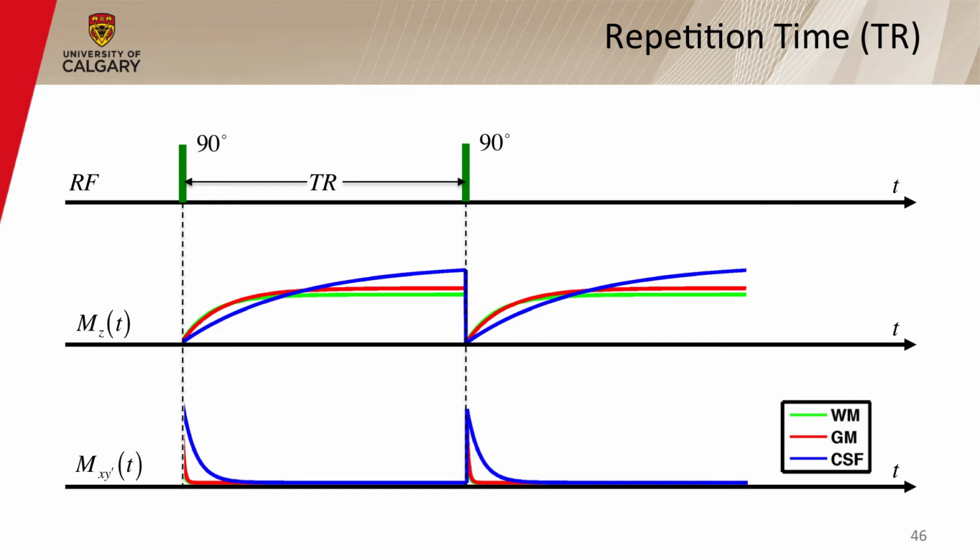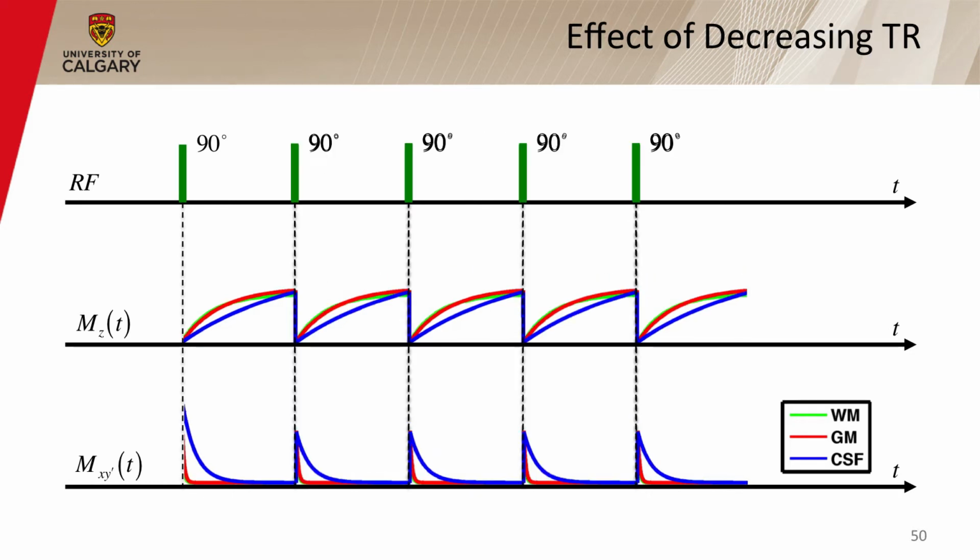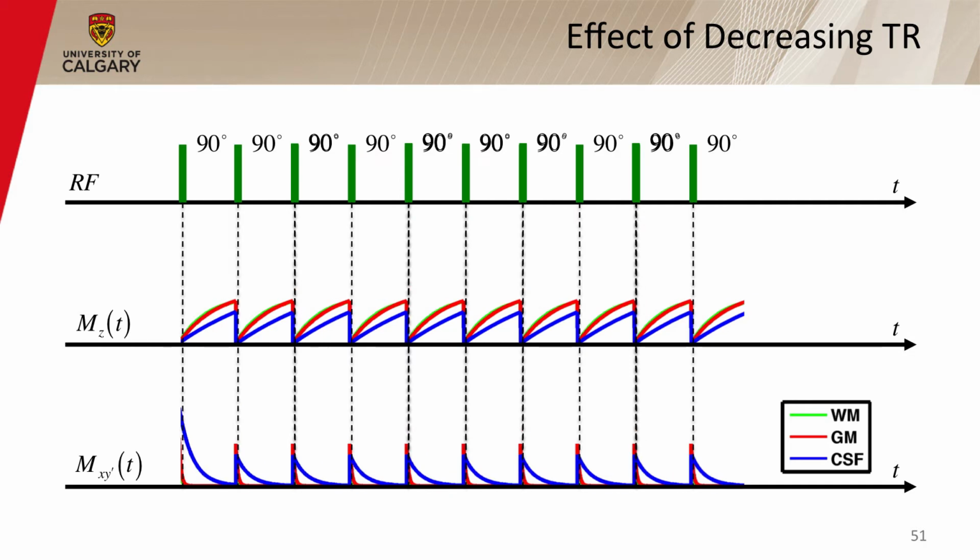So, what we want to look at is the effects of decreasing this TR. Or increasing in some cases. So we've already shown what happens when you apply a second 90-degree pulse. What happens if we decrease TR even further, and even further, and even further?